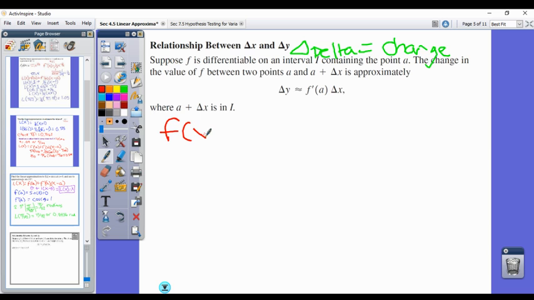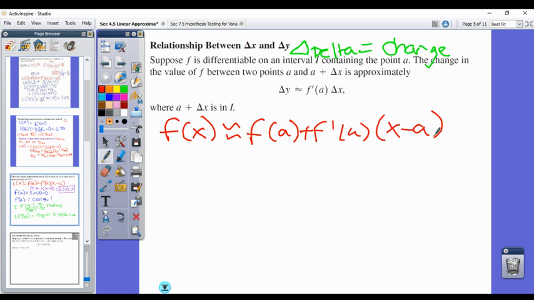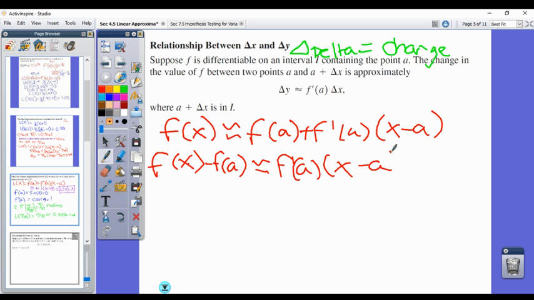f of x is approximately equal to f of a plus f prime a times x minus a, right? So what I could do is subtract over the f of a. So we could say f of x minus f of a is approximately equal to f prime of a times x minus a, right?